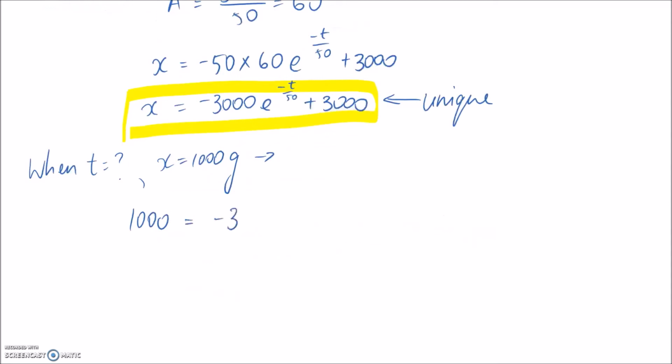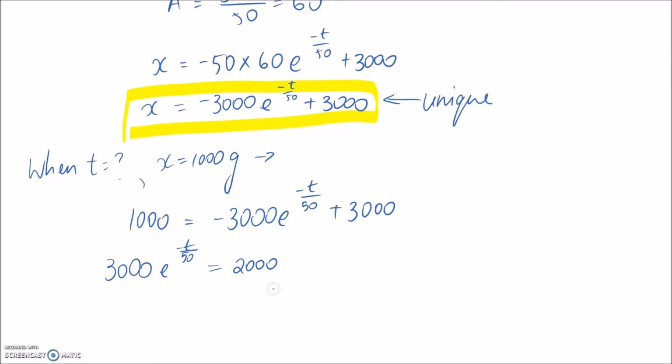So 1,000 is equal to all of this stuff. So what I might do is take this to the other side, which makes it positive, e to the negative t on 50. And then at the same time, I might bring this to the other side, and that's a constant that can combine with the 3,000. So 3,000 minus 1,000 is 2,000.